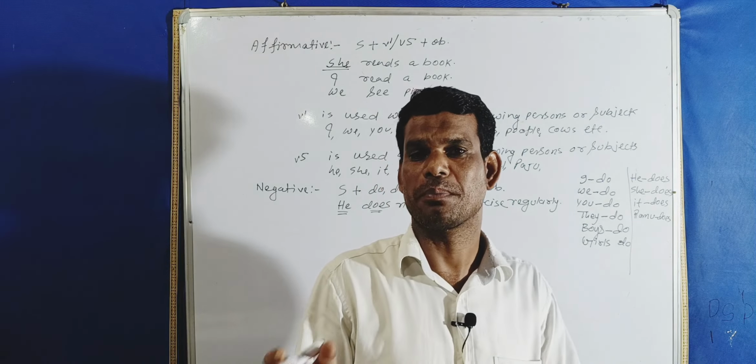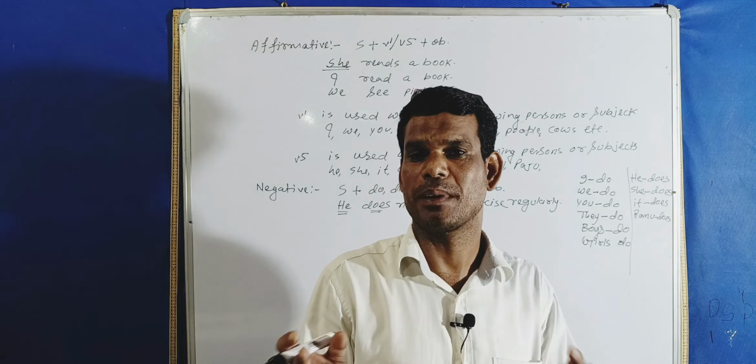When do and does are used in a sentence, after do and does we always use the verb base form 1.